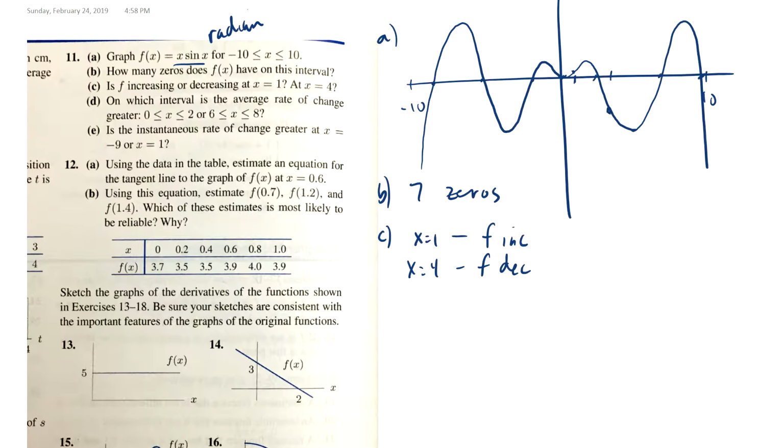On which interval is the average rate of change greater, from 0 to 2 or 6 to 8? Well, 0 to 2, again, I'm looking at my calculator on the side here. The average rate of change, I'll draw it in a different color.